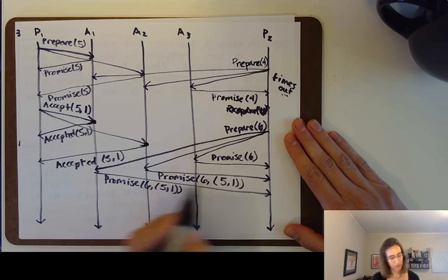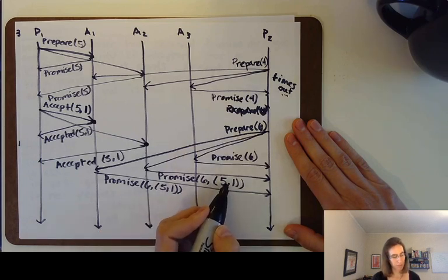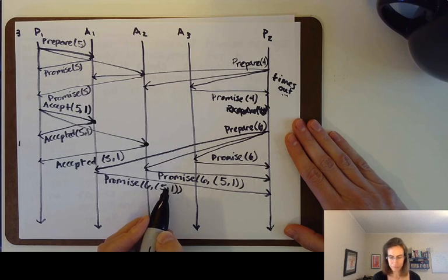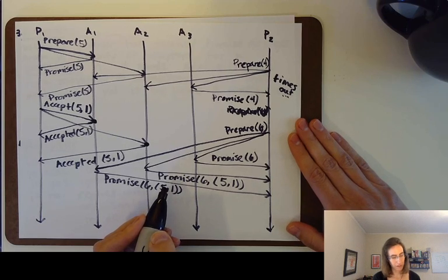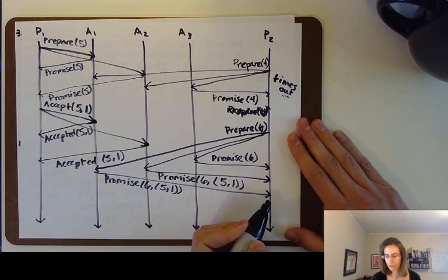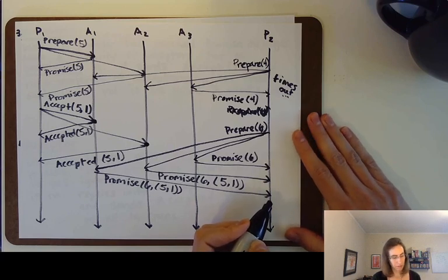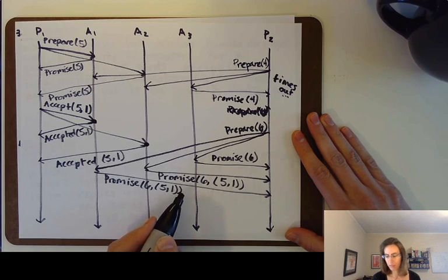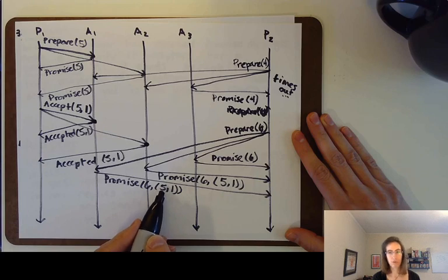So in this case, they both happen to be the same, right? They both happen to be 5. So essentially, we're saying here, okay, P2, you can propose a value, but it has to be the value that went with this previously higher accepted proposal number that we've just told you about.